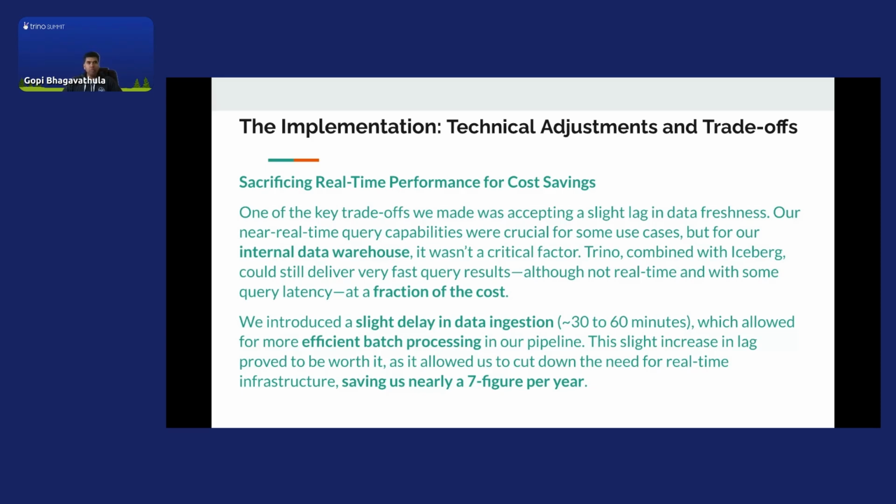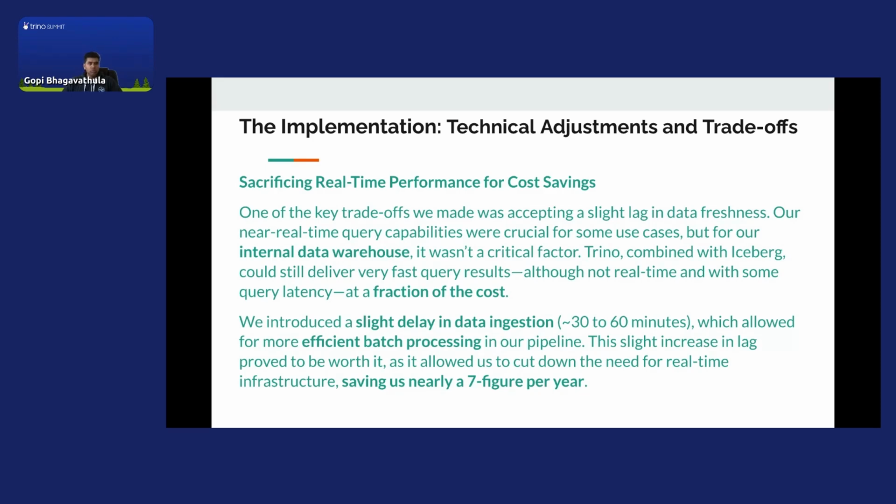Our near real-time query capabilities were crucial for some use cases, but for our internal data warehouse, it wasn't a critical factor. Trino, combined with Iceberg, could still deliver very fast query results, although not real-time and with some query latency, but at a fraction of the cost.